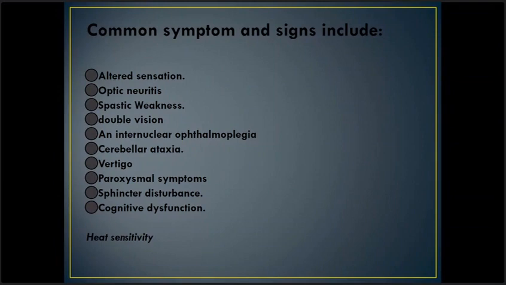The myelin is affected by heat. Please remember this tendency, because later on, when we want to diagnose a case of multiple sclerosis, we should know that maybe this is not a genuine manifestation. This is due to heat sensitivity.